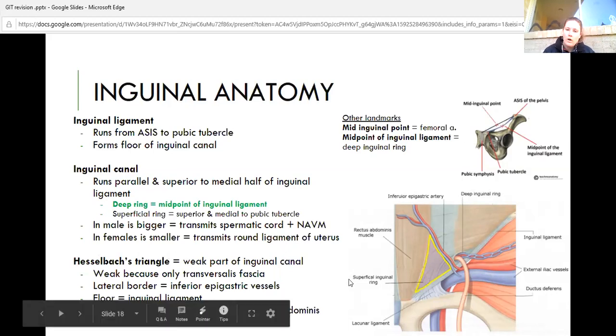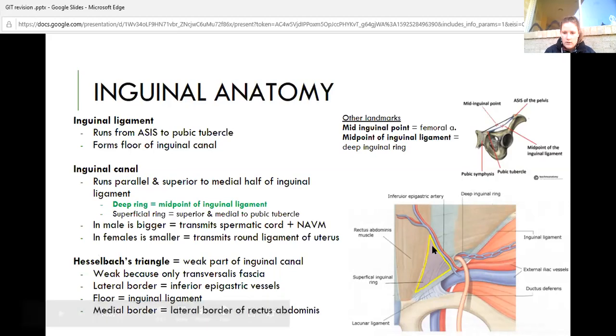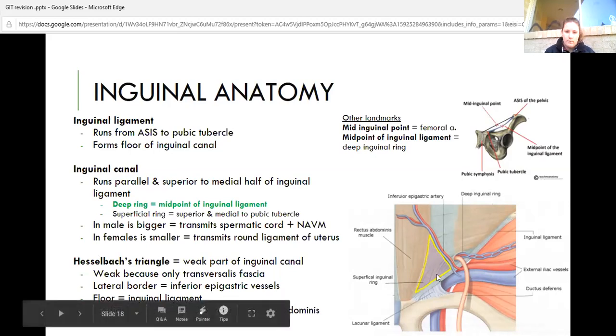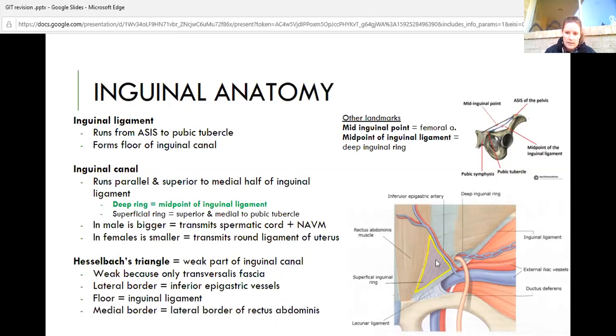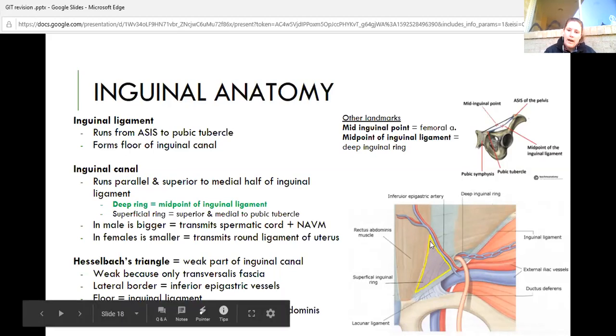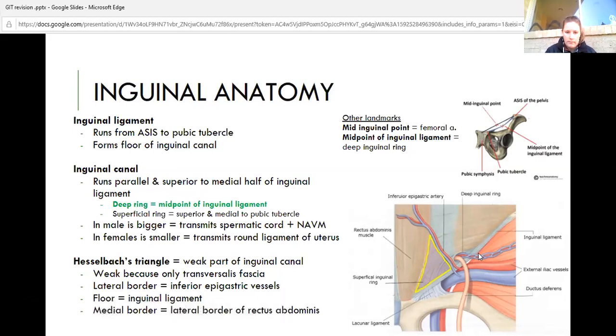Then Hesselbach's triangle is, in all people, an anatomically weak part of the inguinal canal. It's this area here, and it just has transversalis fascia. It's important to remember that in terms of landmarks, it's inferior to the epigastric vessels, whereas the deep ring of the inguinal canal is lateral.